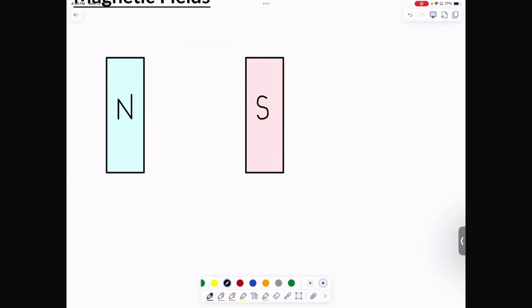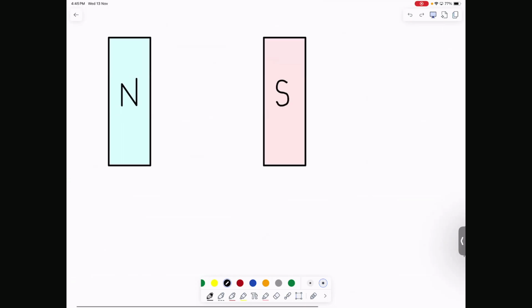Can anyone tell me what the magnetic field pattern is going to be in between these two? Straight. Straight in the middle. My question again: describe the nature of the magnetic field between two bar poles like this.